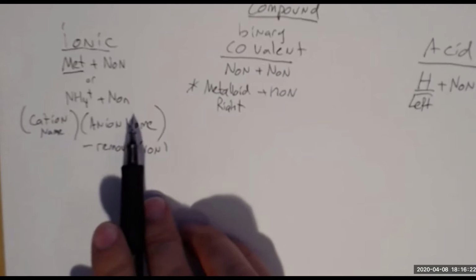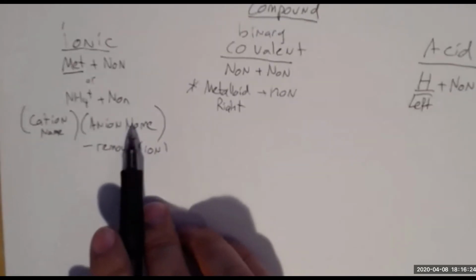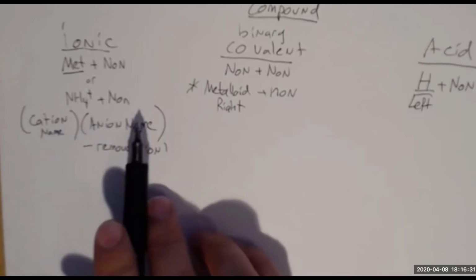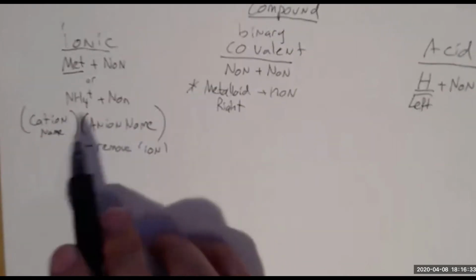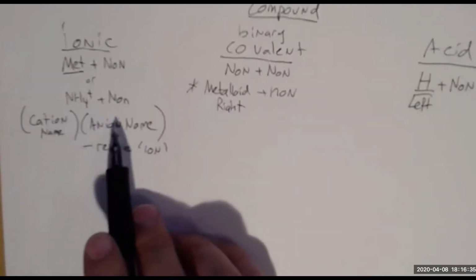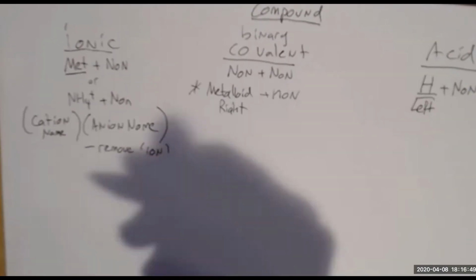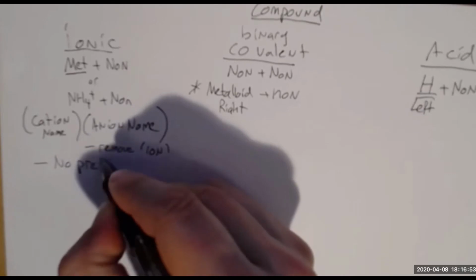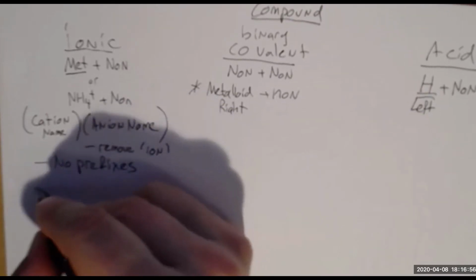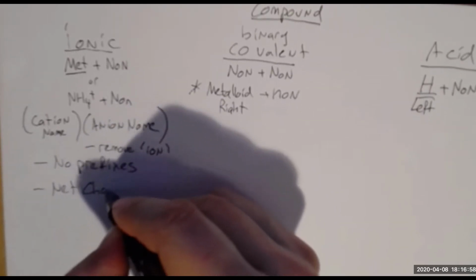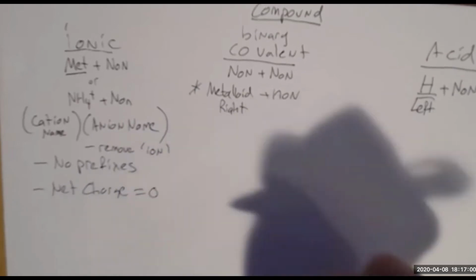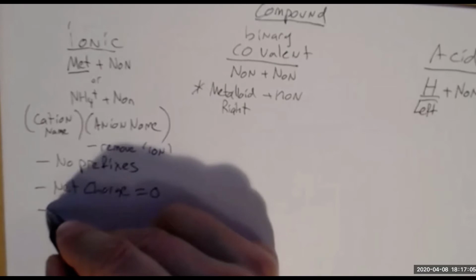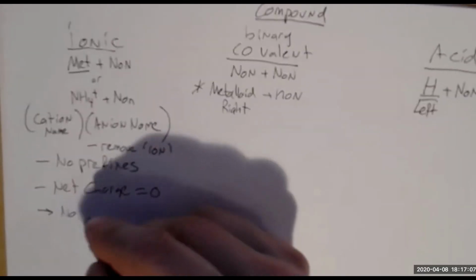If it's an individual anion, it should end with ion. Calcium ion, chloride ion. But if I put them together, then I just say calcium chloride, right? Remember, for ionic compounds, no prefixes. The net charge has to equal 0. With the exception of probably the mercury 1 ion, you should have no common denominator.